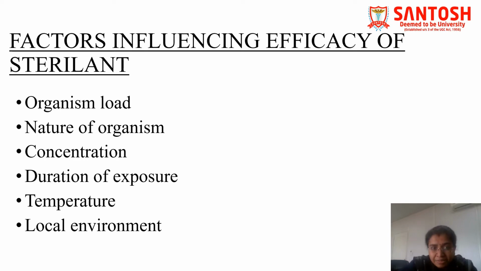I'll be discussing this in detail in my next slide. Then the third point is concentration, the concentration at which we are using the sterilant. At a higher concentration, less time will be required and more microorganisms will be killed.